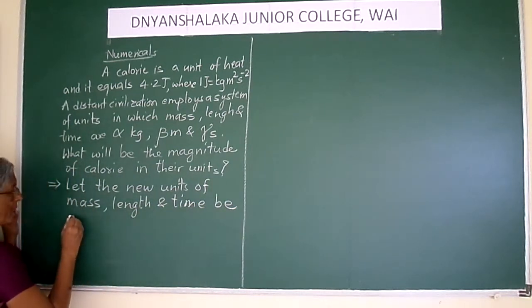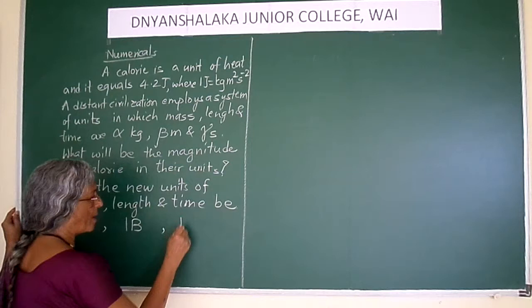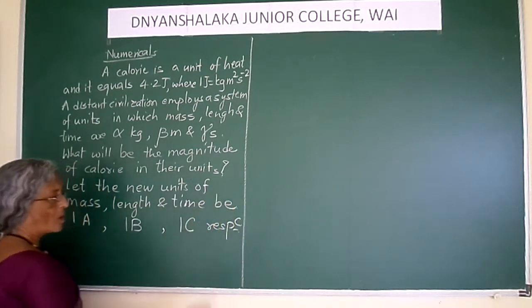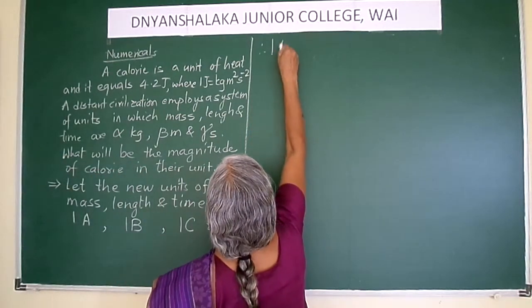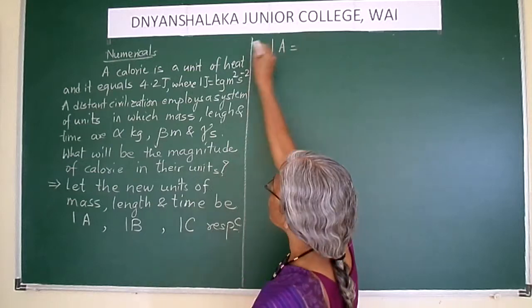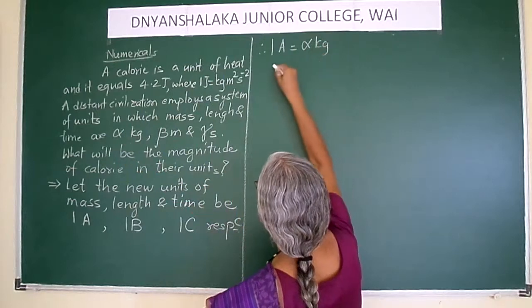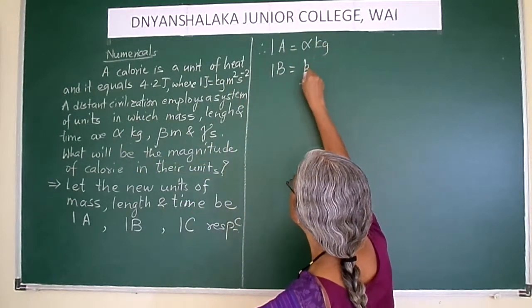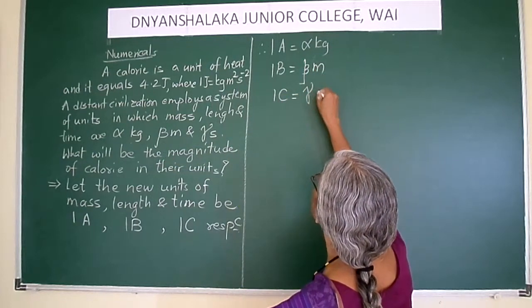So we will take mass as 1A, length as 1B and time as 1C respectively. Therefore, what will be the value of 1A in the new civilization units? Value of 1A will be alpha kg. Value of 1B will be beta meter. And value of 1C will be gamma seconds.